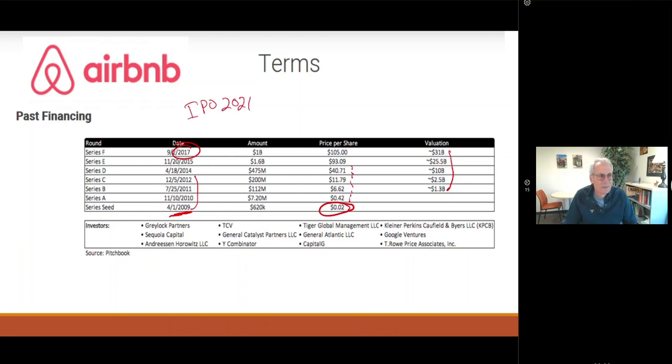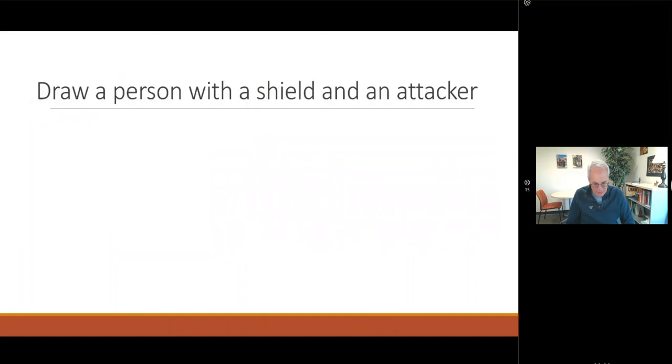Not too long ago. It was actually at the very end of 2020 that they went public. It was a little bit lower than this price per share, but today's value is around $200. So anyway, that's Airbnb, just as an example of a venture capitalist.